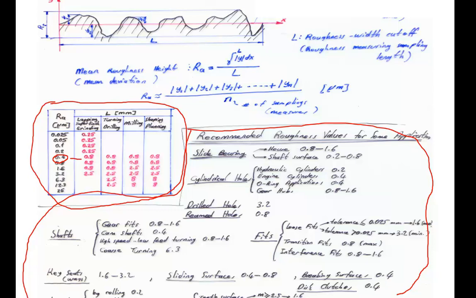If it is the surface of a shaft to which a gear is to fit, then the surface quality of the shaft is to be in this order. Arithmetical roughness size should be 0.8 to 1.6 micrometer.